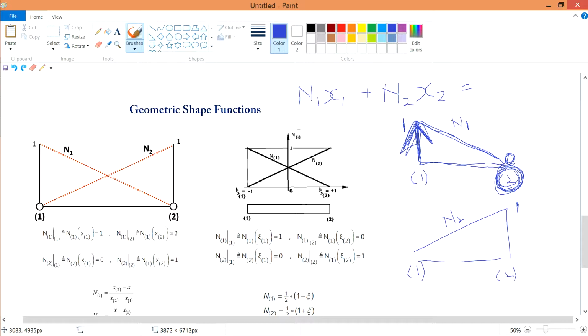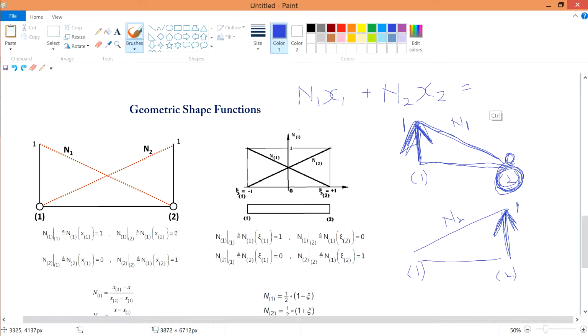N2 and x2 tells you that you're talking about this shape function at x2, which is a different case. So if you add them together, although they are in the same direction, as you can see, they are both going up, they are on a different basis or different functions. N1 is this one, N2 is this one. So if you add them up together, it gives you certain other shapes.